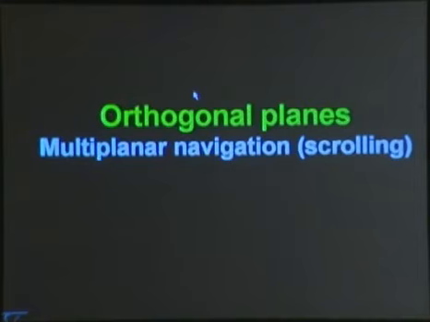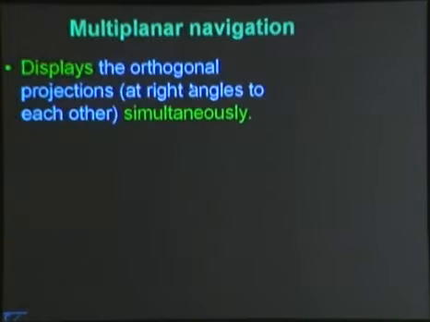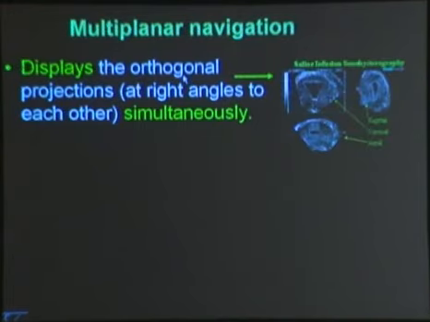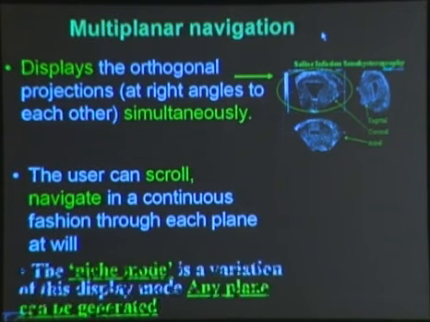First of all, the orthogonal planes or multiplanar navigation or multiplanar display or scrolling, call it as you want. Basically, it displays the orthogonal projections at right angles, and I will go very fast because these were explained. I also will have much less time to go through this, so that helps me. And the user can scroll, navigate in a continuous fashion, and the important thing here is that any plane can be generated.